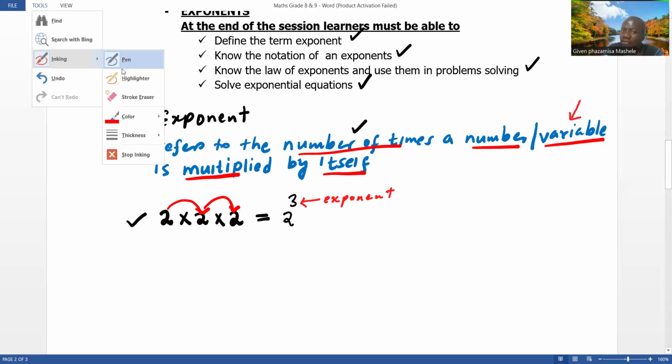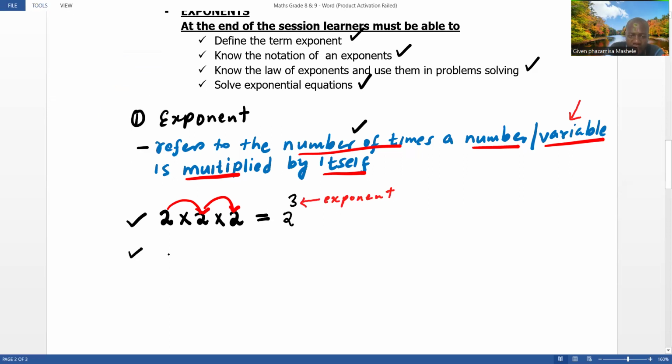Let's say we have, as an example, 4 by 4 by 4 by 4 by 4. Then we know what the answer is for this. Now, if we want to write this, we have to count.